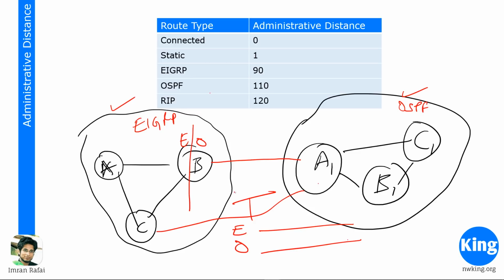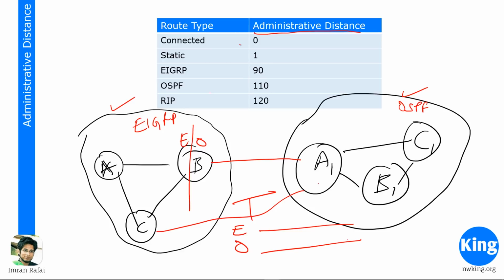Your EIGRP routing table says, I've learned this route through EIGRP. Now OSPF also says, I have learned this route through my routing protocol. You can't compare apples and oranges. There's no way the router can compare between two different routing protocols without having a believability table. That's why we have something called the admin distance.